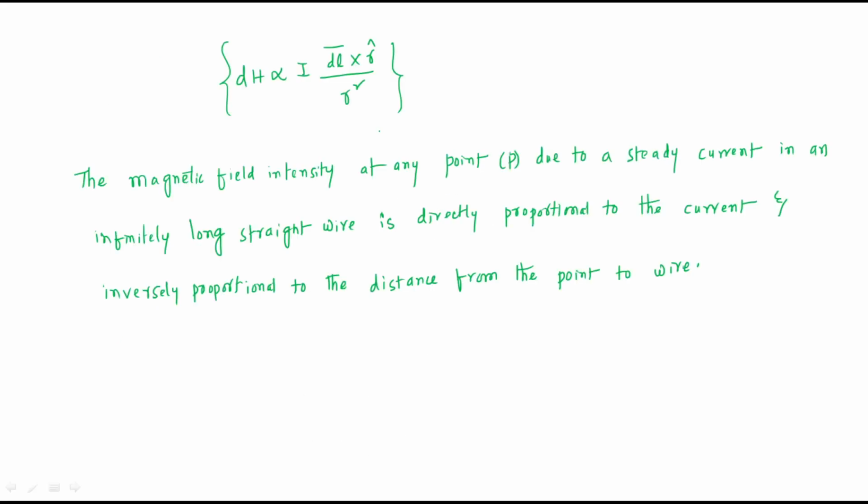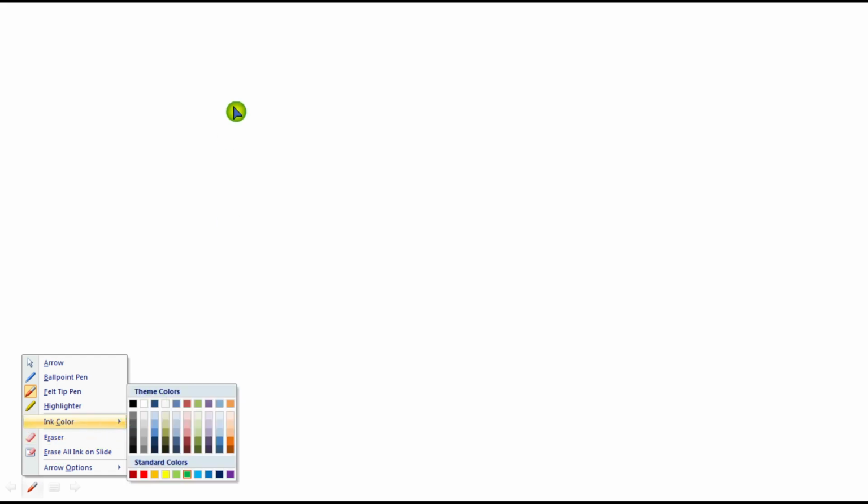So dH is proportional to I dl cross r cap by r square. To eliminate the proportionality, I introduce mu naught by 4 pi: dH equals mu naught by 4 pi, I dl cross r cap by r square.